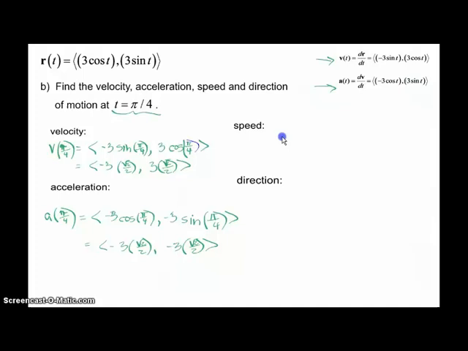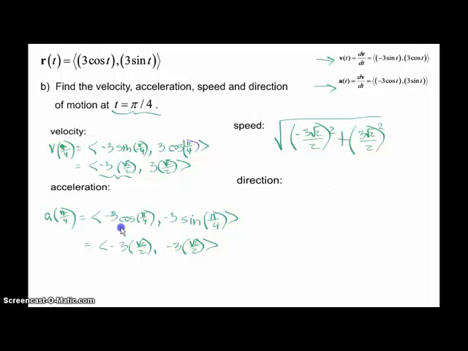Now remember, our speed is taking the velocity vector horizontal component, which we said was negative 3 root 2 over 2, and squaring it, plus the vertical component squared. That would be our speed, with a square root over it.